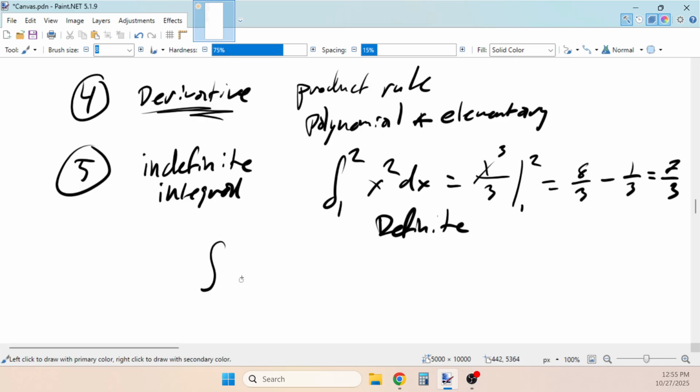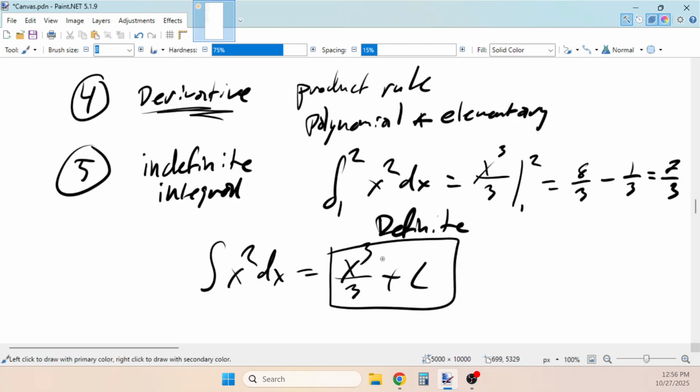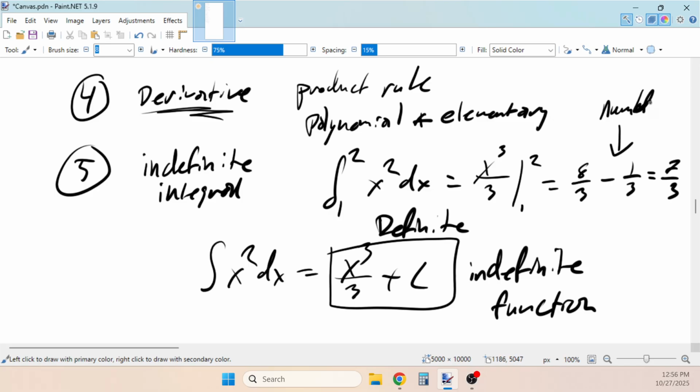Now, indefinite has no endpoints, and I'm looking for x cubed over 3 plus C. This is a function. But a definite integral is going to be a number. It might be a fraction, it might be transcendental, but it will be a number for a definite integral.